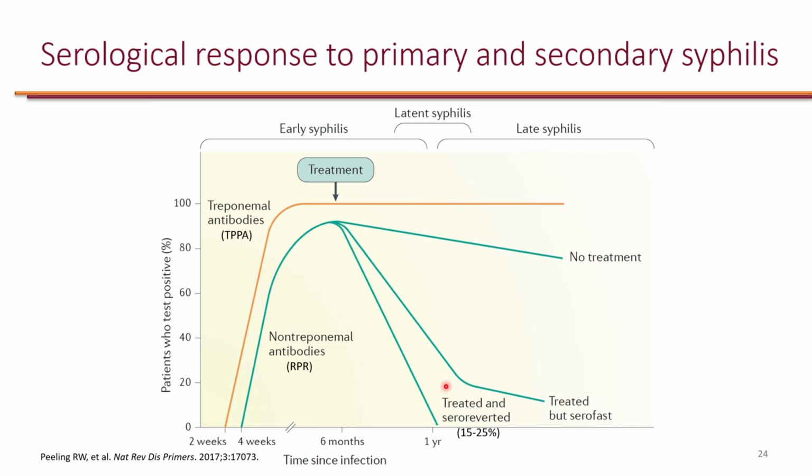So if it's treated and seroreverted, meaning that antibodies will go away, over time it goes down. And even if you don't treat it, over time these levels go a little lower, but are still detectable. So that's something to keep in mind to see what happens over the course of infection, and specifically what happens with treatment versus no treatment.